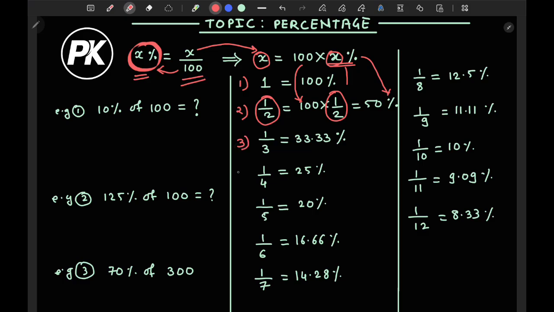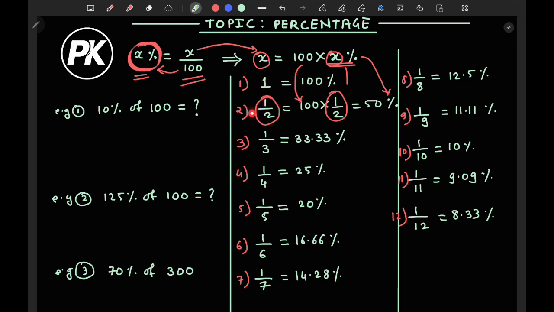Similarly I have calculated for 1 by 3, 1 by 4, 1 by 5, 1 by 6, 1 by 7, 1 by 8, 1 by 9, 1 by 10, 1 by 11, and 1 by 12. Now these values you have to remember, and it's very easy.